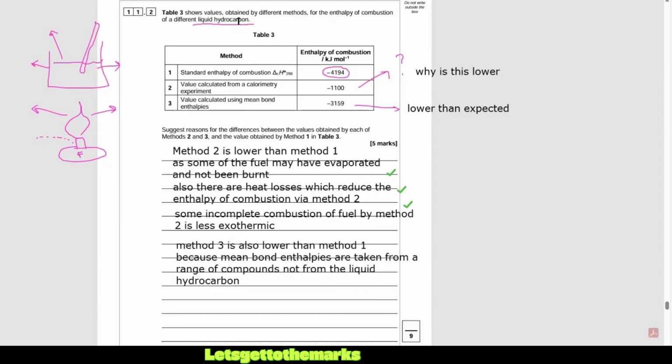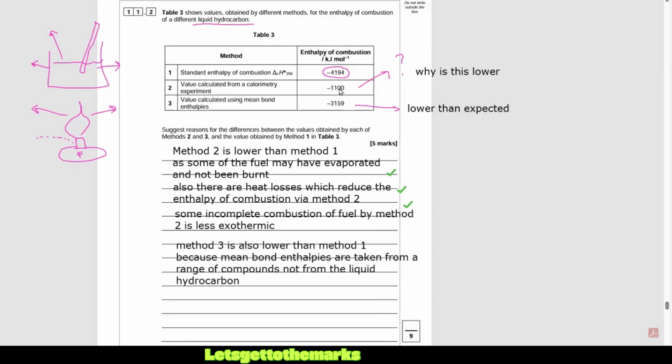Maybe this is nonane, this liquid hydrocarbon, but we've been using mean bond enthalpies not from nonane, but from all different other hydrocarbons. So they're not going to be exactly the same. They're affected by the different groups, interactions of electron clouds, and things like that. So that's why this is a little bit out.